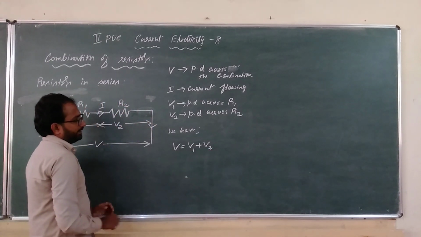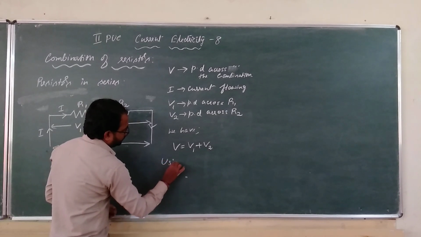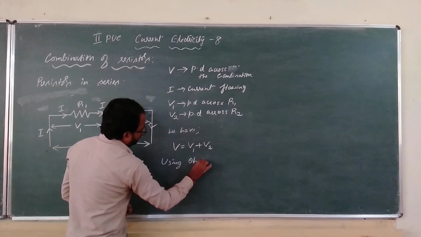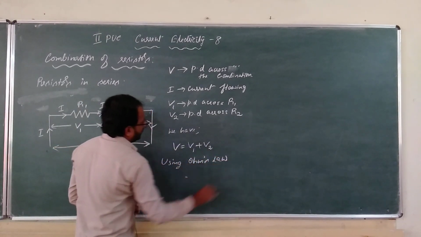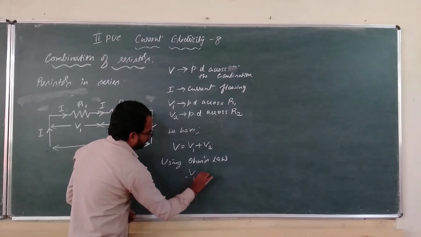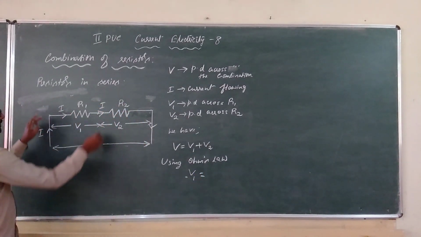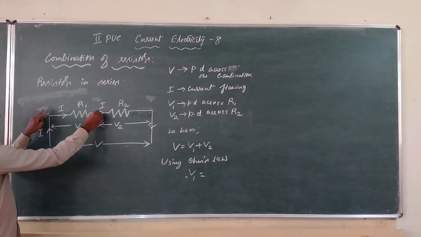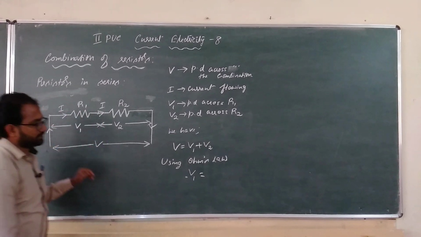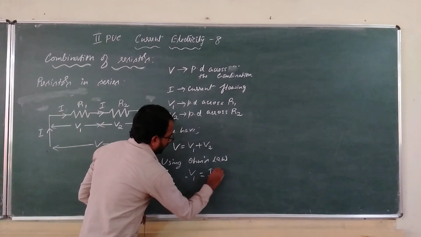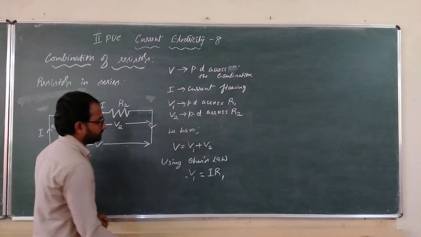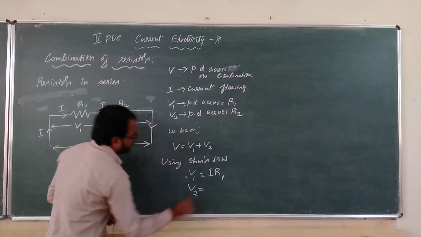Okay, right. So using Ohm's law, what about V1? The potential difference across the first resistor, V1, is equal to I into R1, since V is equal to IR. What about the potential difference across the second resistor, V2?